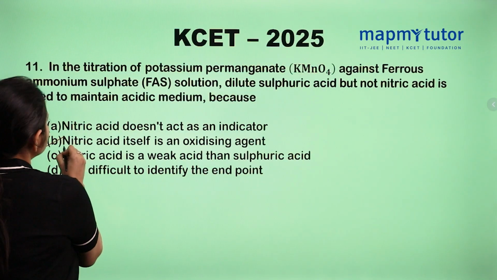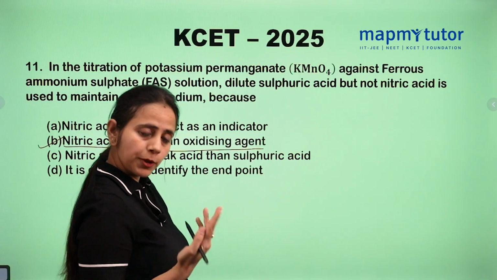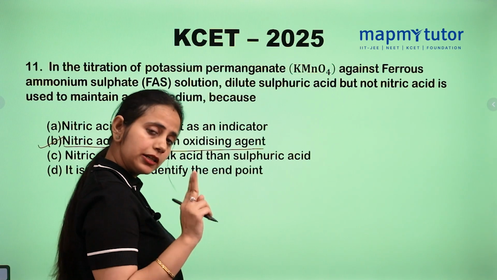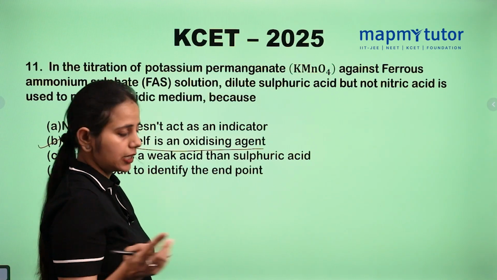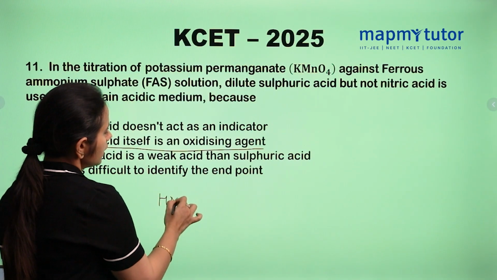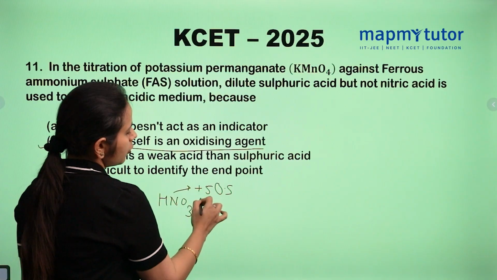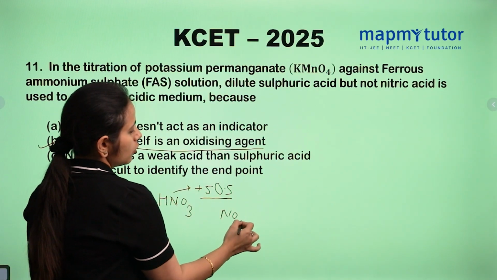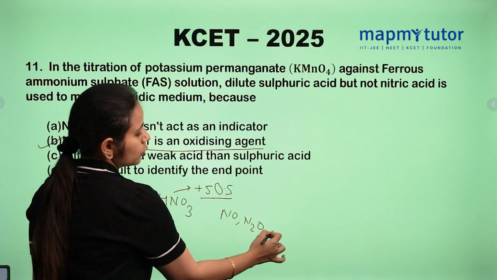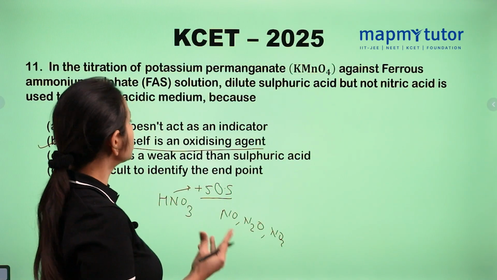Nitric acid itself acts as an oxidizing agent, just like KMnO4. In HNO3, nitrogen has a +5 oxidation state. It can get reduced to NO, N2O, NO2. So it is an oxidizing agent.